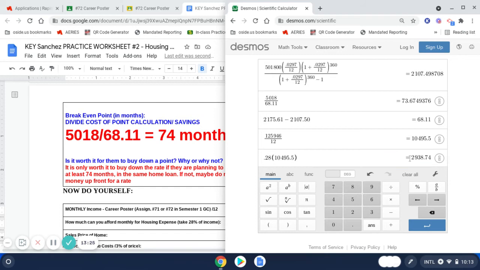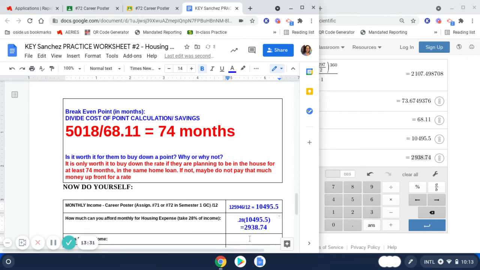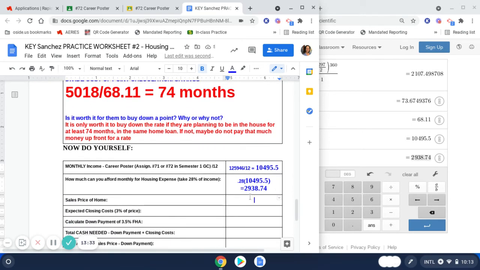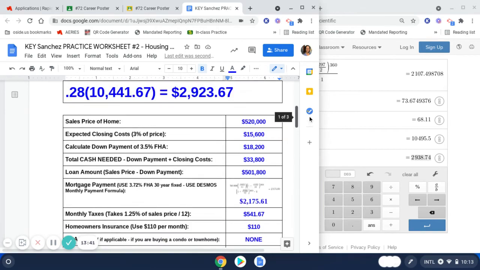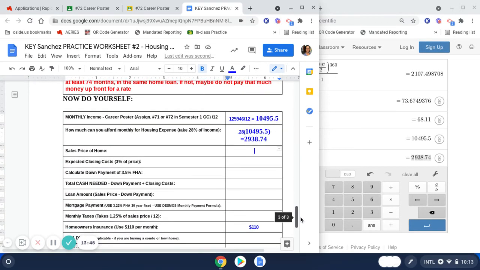And it's $2,938.74. Then we're looking for what kind of a sales price of a home could we do. So technically, remember that these borrowers, if I go back up here and look, these borrowers were $125,000 a year, and she's also $125,000 a year. So this would be a sales price that she could probably try, like $520, or maybe she could even try to push it to $530 or $550.